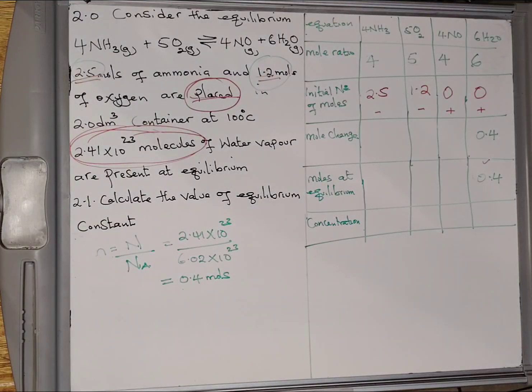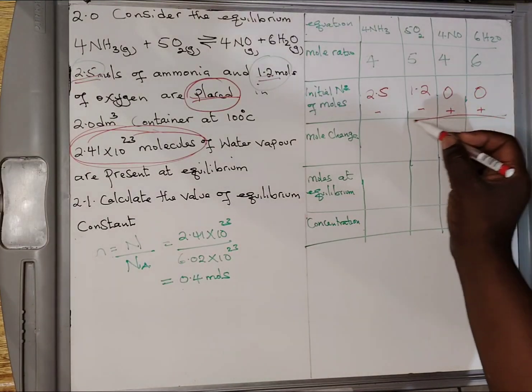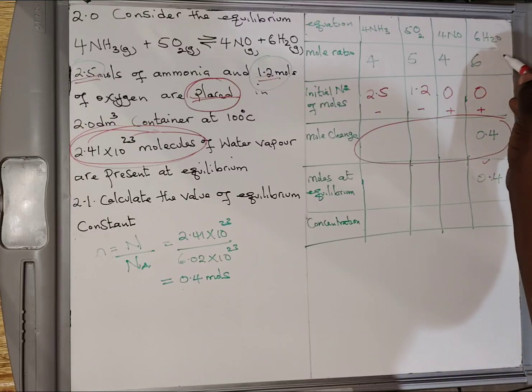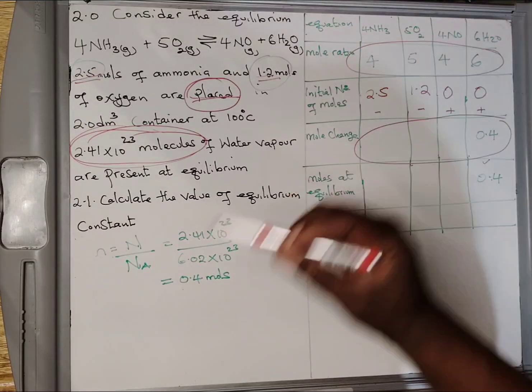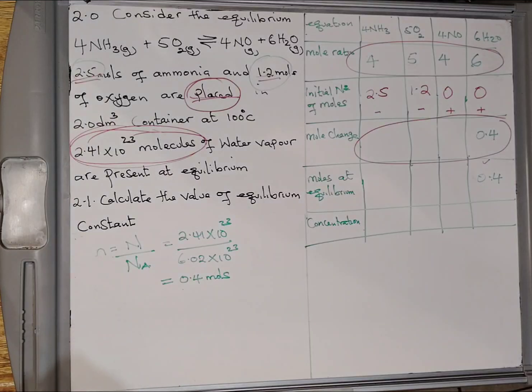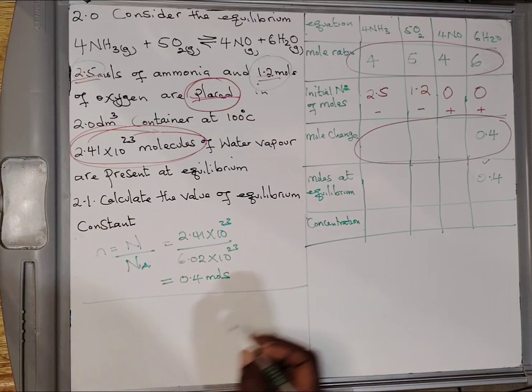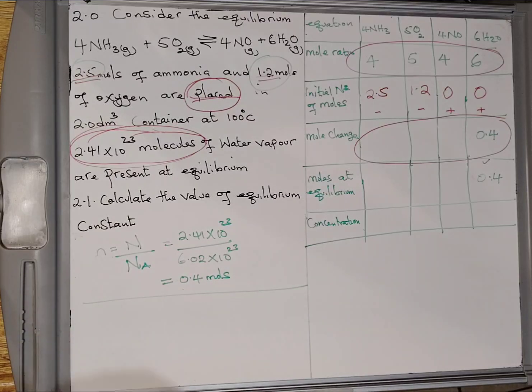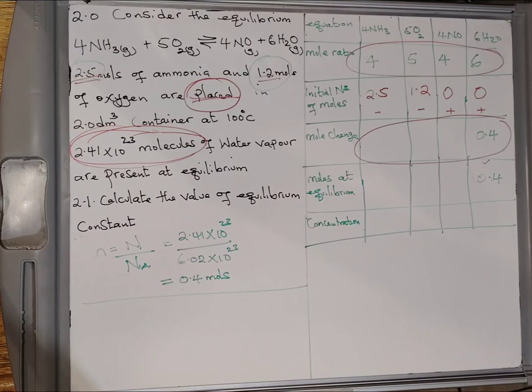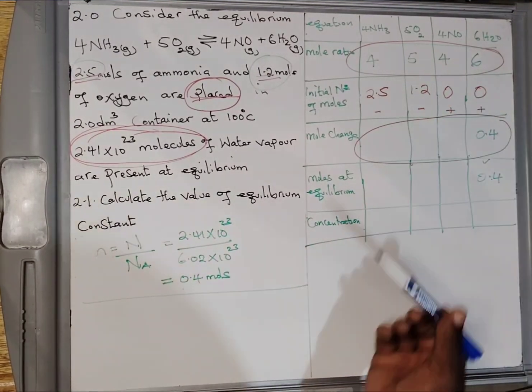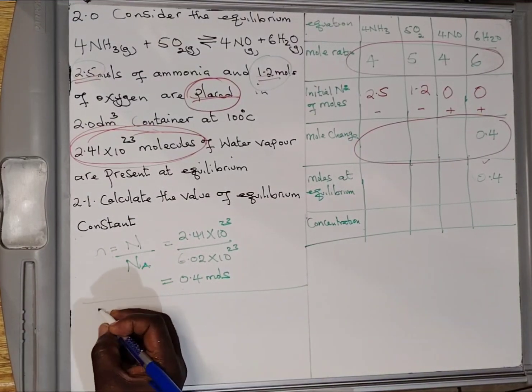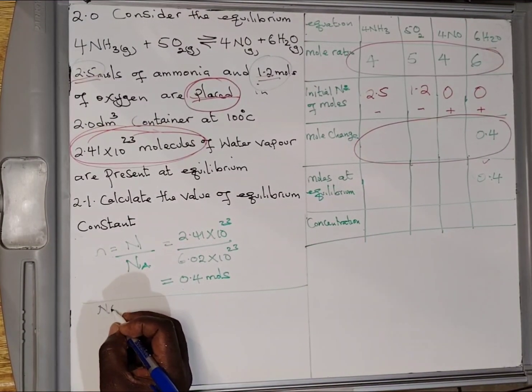Is that okay? After getting that one, there's something which is very important. What controls the figures in this part are the ratios. So it's high time we perform those simple calculations to find out our figures here. Let's start with the nitric oxide.